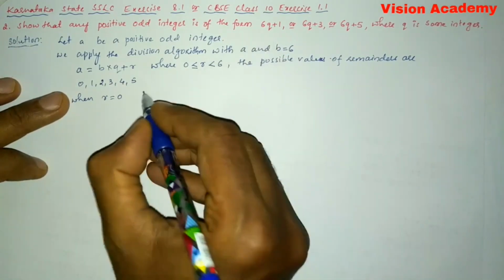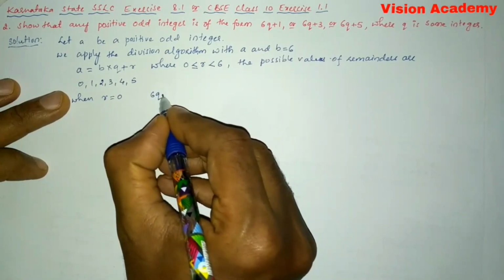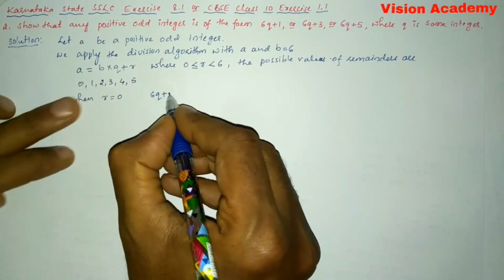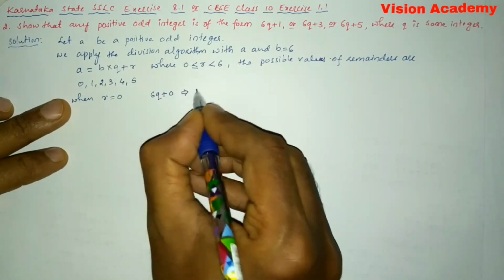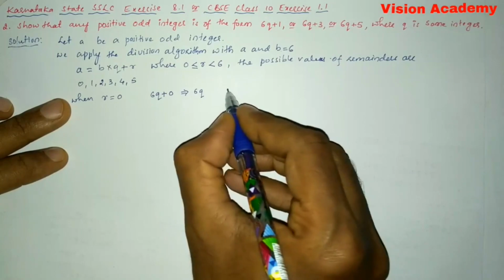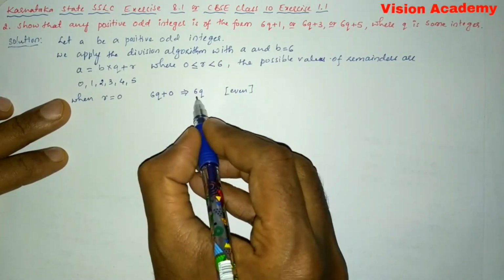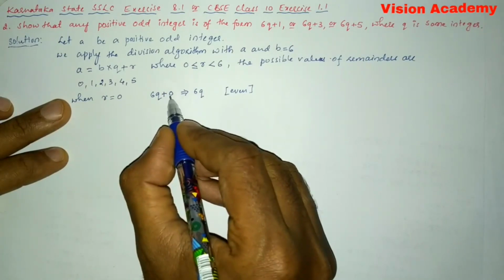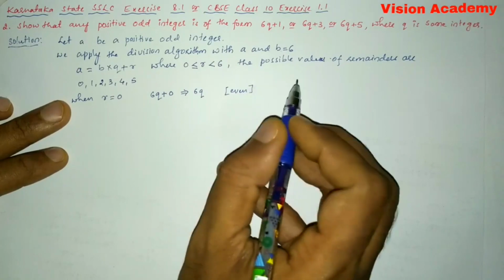So it is 6q plus 0, which gives us 6q, and this is even because it is exactly divisible without any remainder. Once the remainder is 0, then it is even.